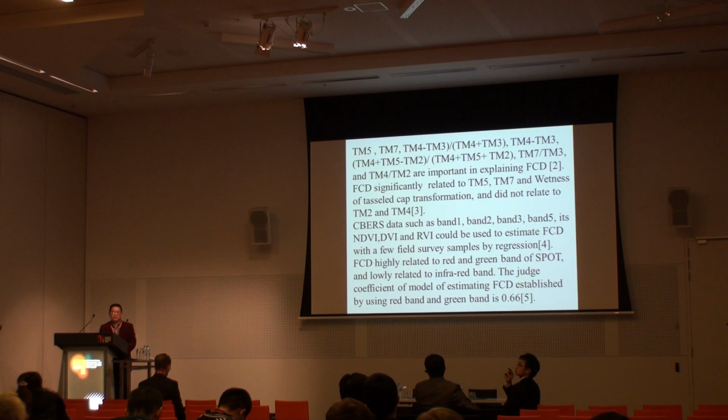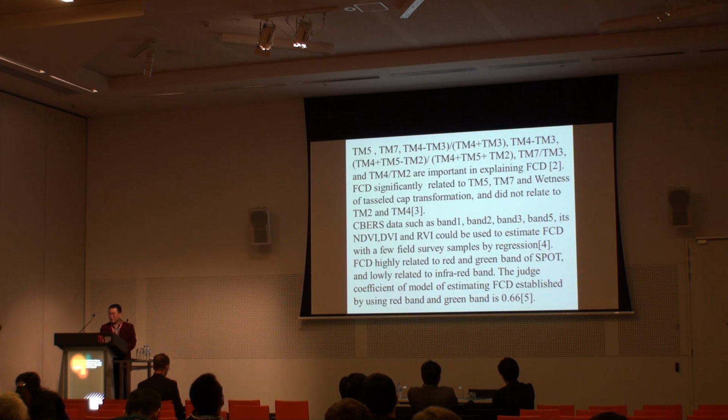Some researchers reported that TM bands and derivative data can be used to explain the relationship to canopy density. Also, some researchers reported that SAR data can be used to explain the relationship to canopy density.